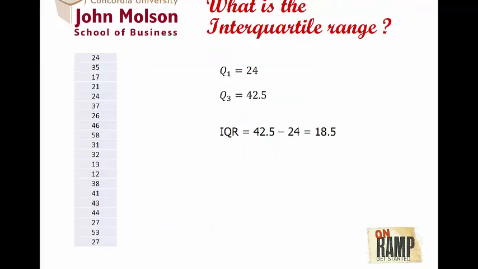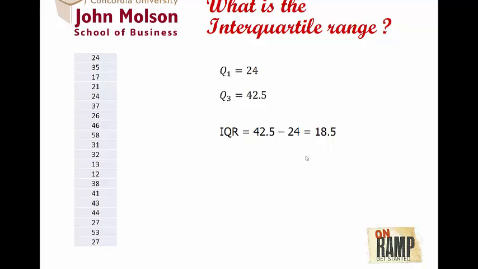So let us calculate the interquartile range of this data set that we saw in the previous module. We already established that Q1 is 24, Q3 is 42.5, and the interquartile range will be the difference between 42.5 and 24. We subtract and we find 18.5.